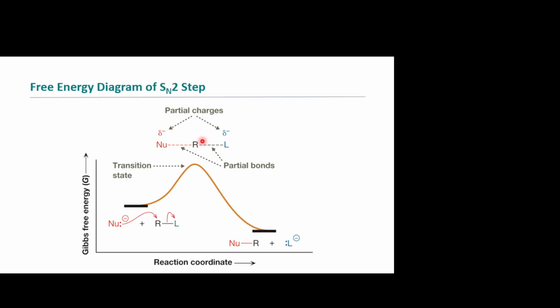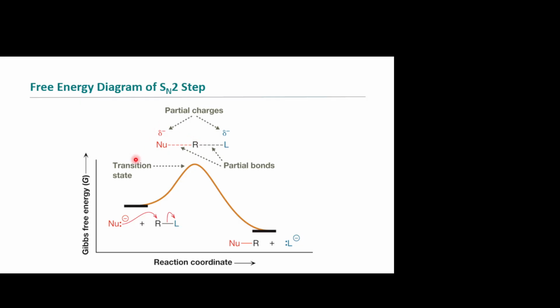While it's forming a bond to this carbon, the previous bond is going to start breaking because it's going to lose that attraction, because you've got this negative charge starting to build up there. And so the leaving group is going to start pulling those electrons away, and you're going to end up in a very high energy transition state. That's this right here. It looks like this, with two partial bonds and two partial charges. Then that's going to fall apart.